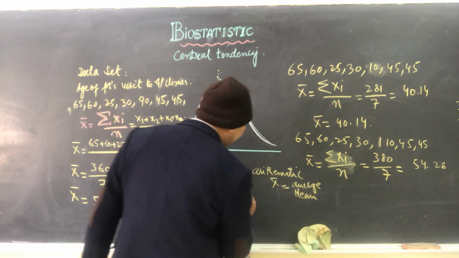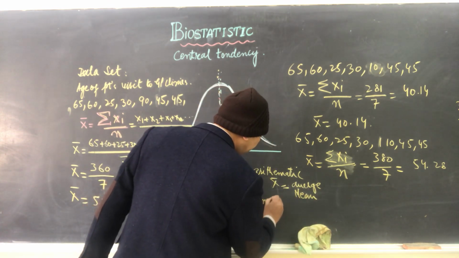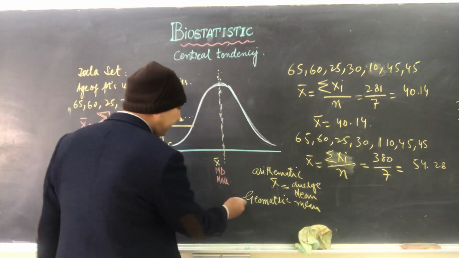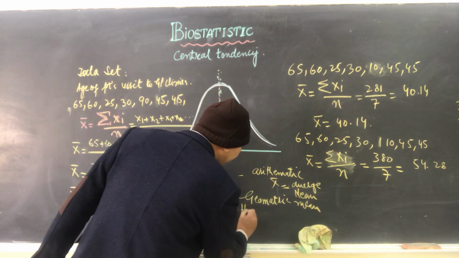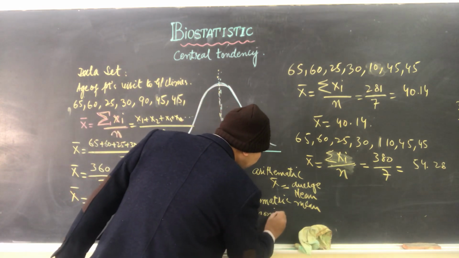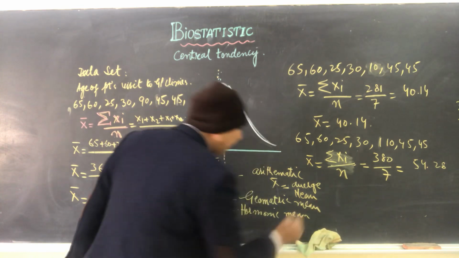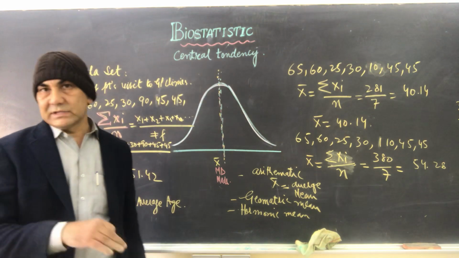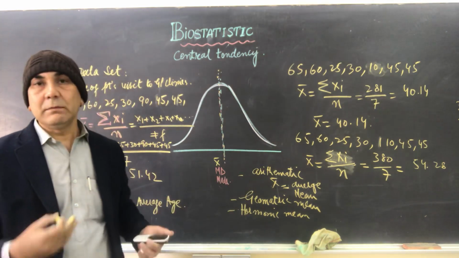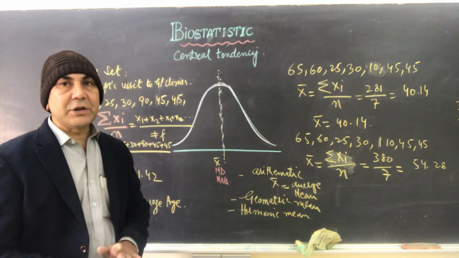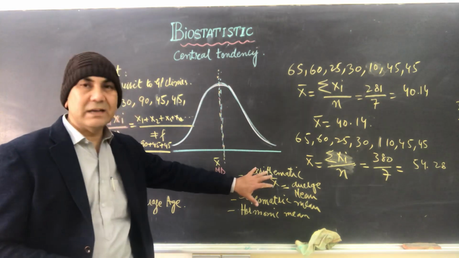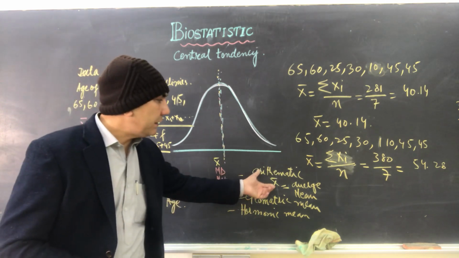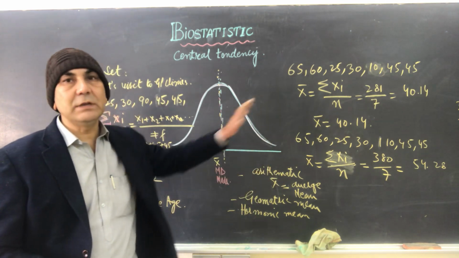The second one is called the geometric mean, which is used in geometry. The third one is called the harmonic mean, in which we calculate the mean of the angle, mean of the circles. So these are the 3 types of the mean, but mostly statisticians measure the arithmetic mean or the average mean of the data set.